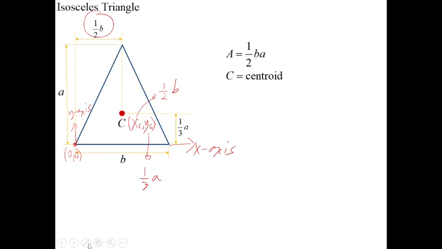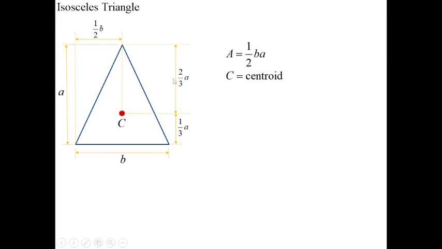Okay. And then, syempre, kung ito ay 1/3 a, nandito yung 2/3 a. So ito yung point na gitna ng kabuuang area ng triangle natin. Okay?